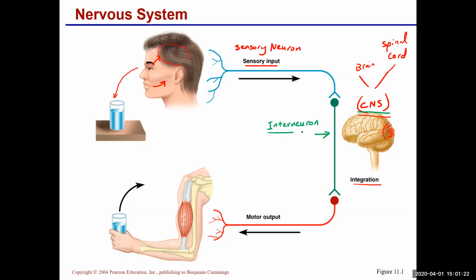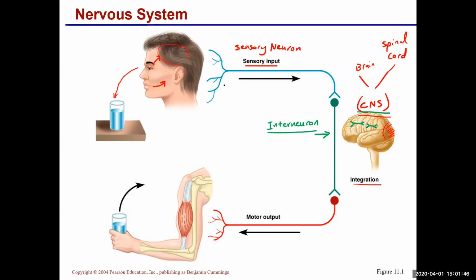The job of the interneuron is to transfer information from one part of the central nervous system to another one. So again, think about all the nerves inside of the brain, they're communicating with one another. But information needs to get out.